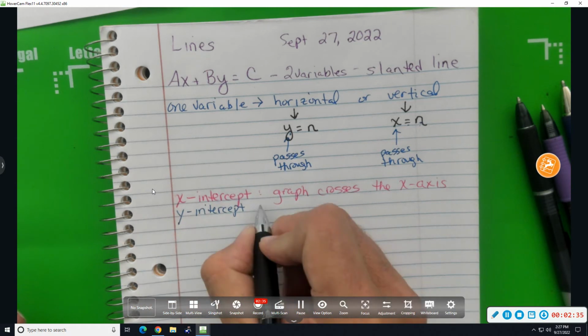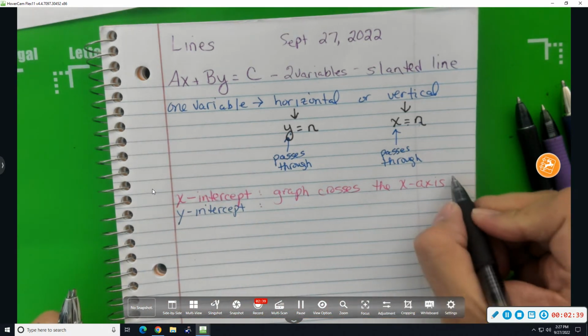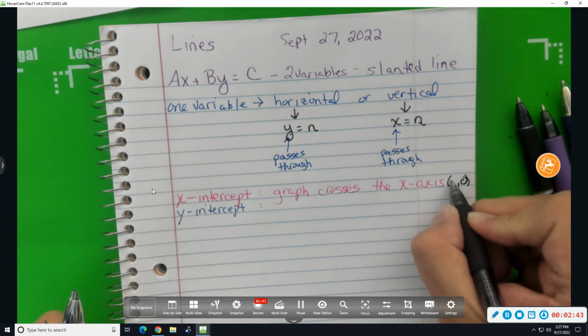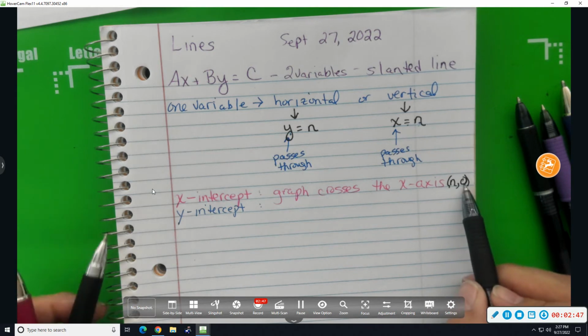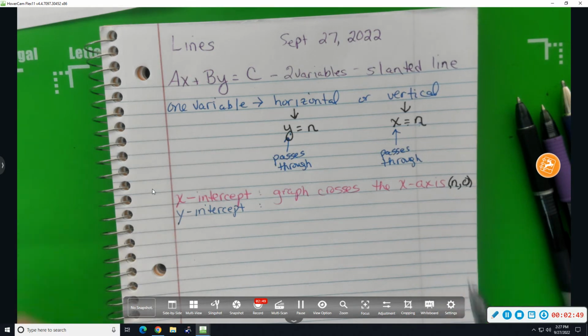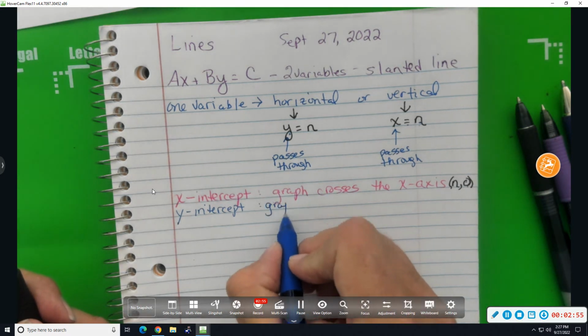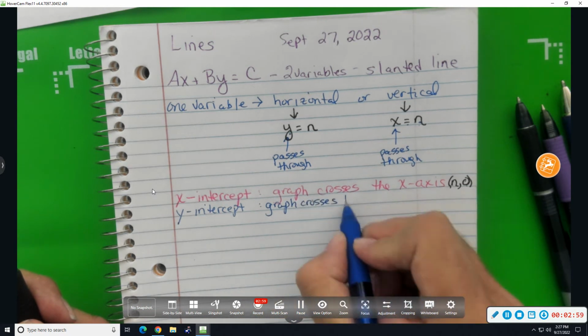If a point is going to stay on the x-axis, can it move up or down? No. You're right. It's got to be in the form number, comma, 0. So for the x-intercept, the y value is equal to 0. And for the y-intercept, we said that the x value had to be 0.